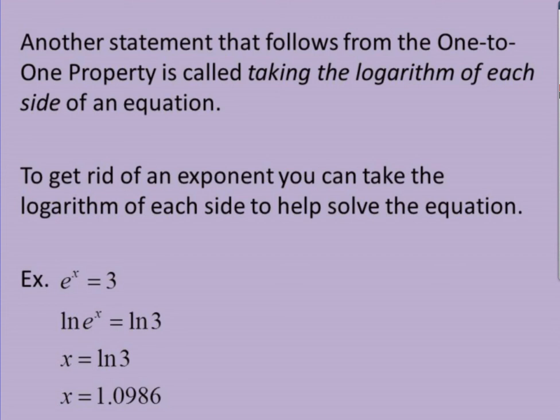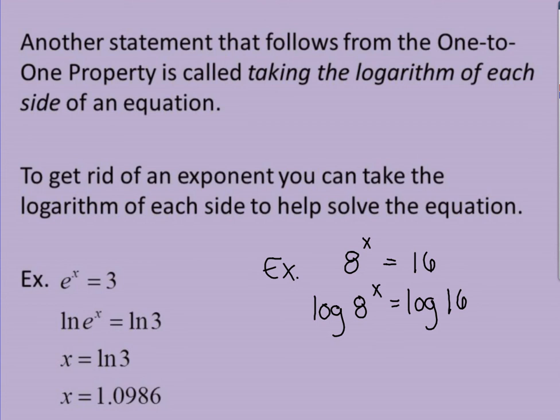If it's not an e, if this was just 8 to the x is equal to 16, we can just take the log of both sides. Now this is log of 8 raised to the x.